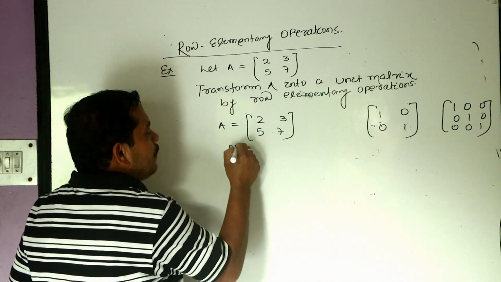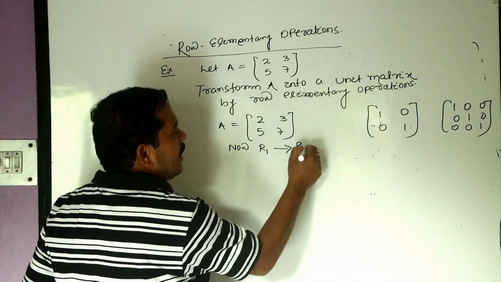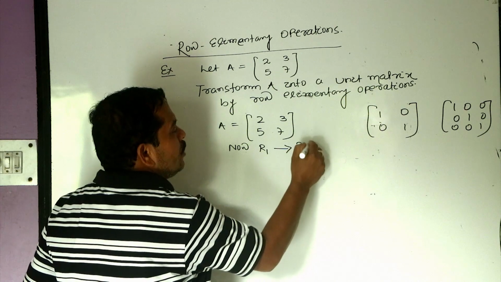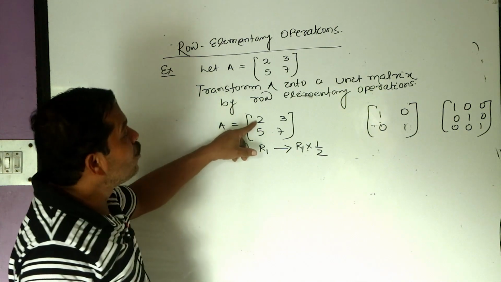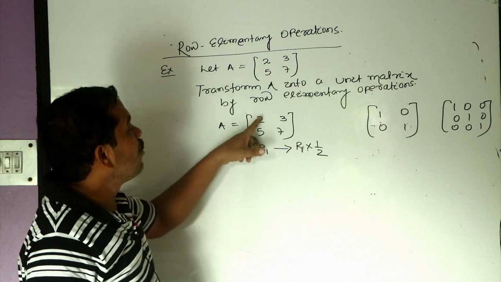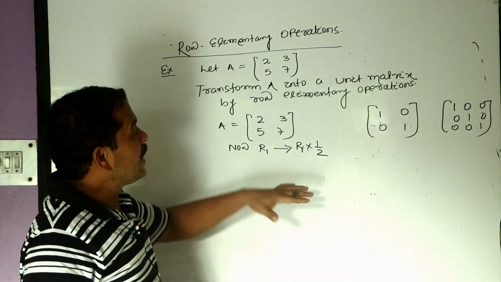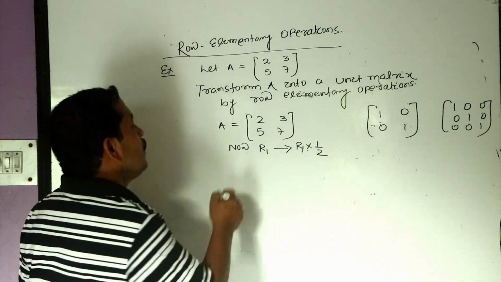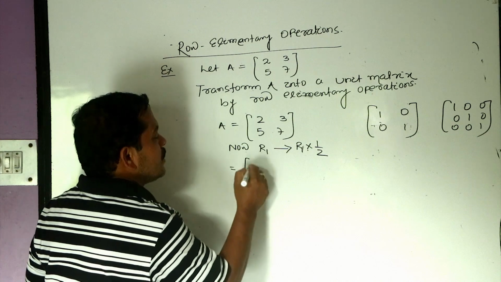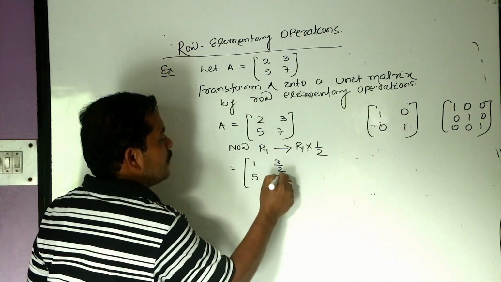Now R1 is replaced by R1 times 1 by 2, because here it is 2 and we have to make it 1, so we multiply 1 by 2 with this row R1. So this becomes 1, 3 by 2, 5, 7.